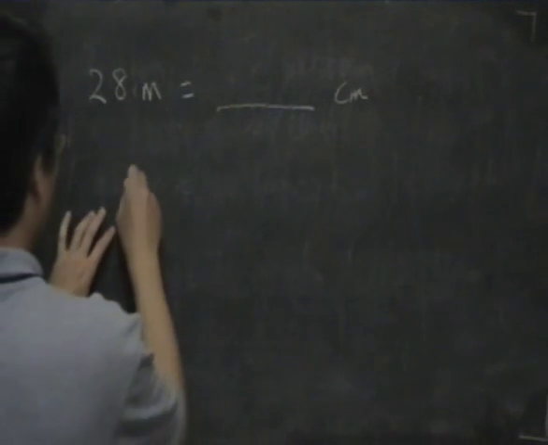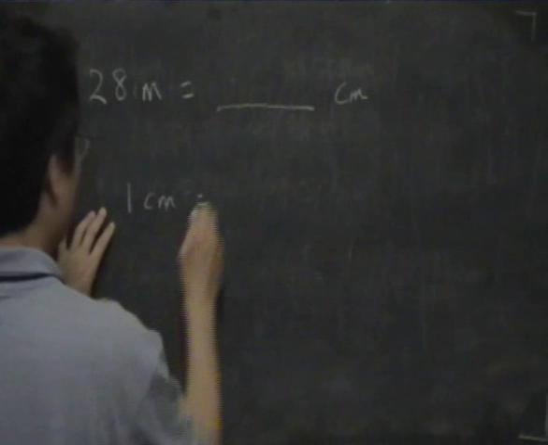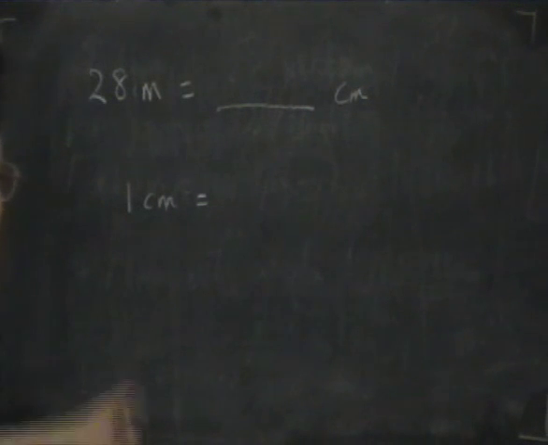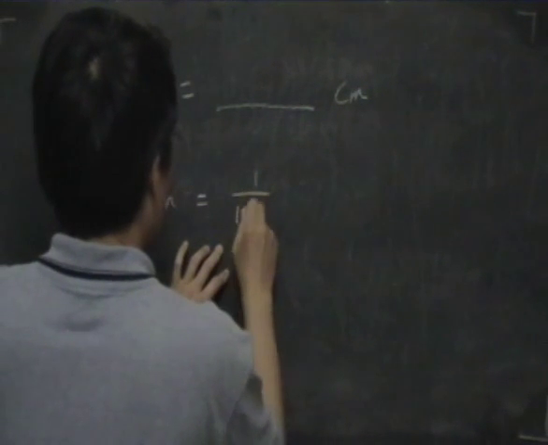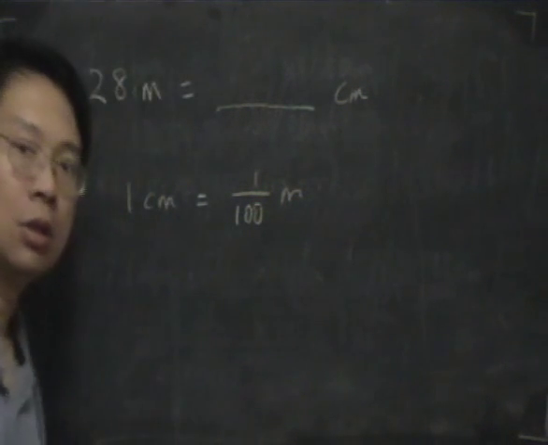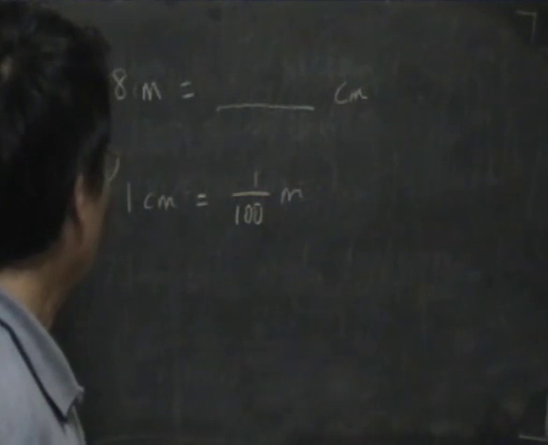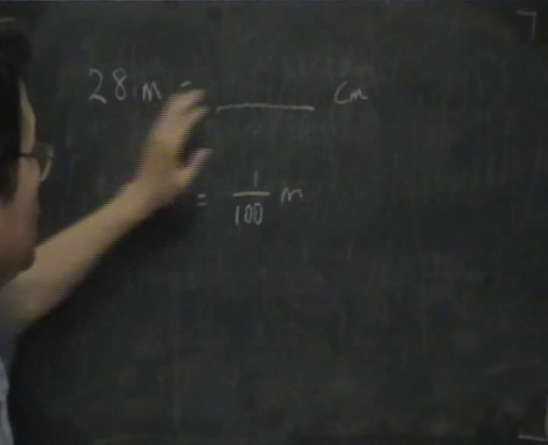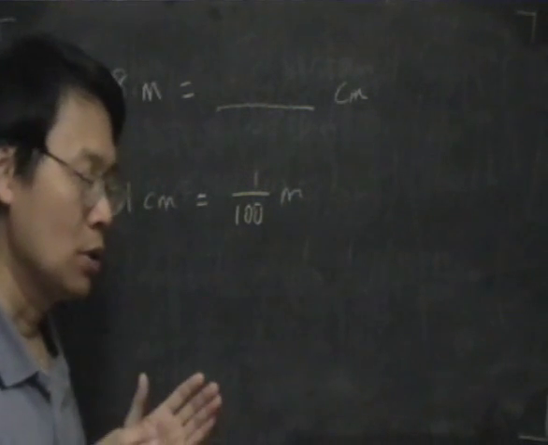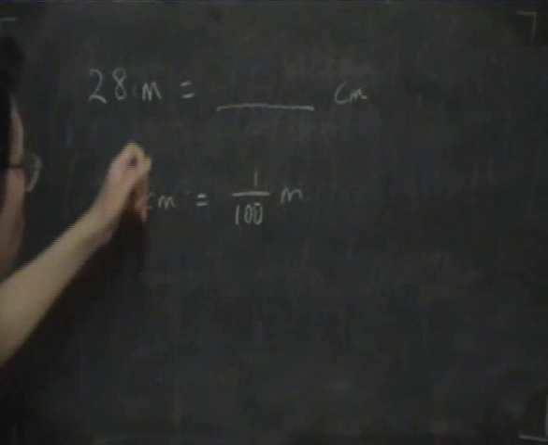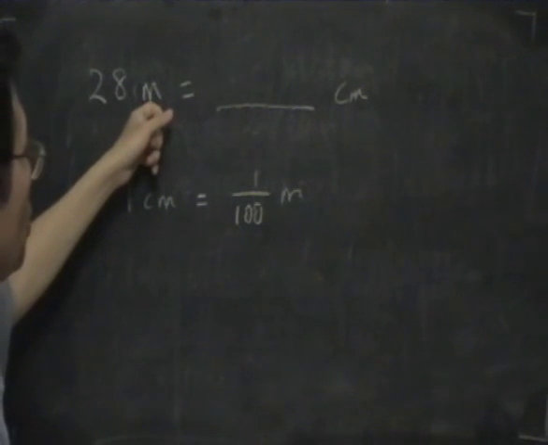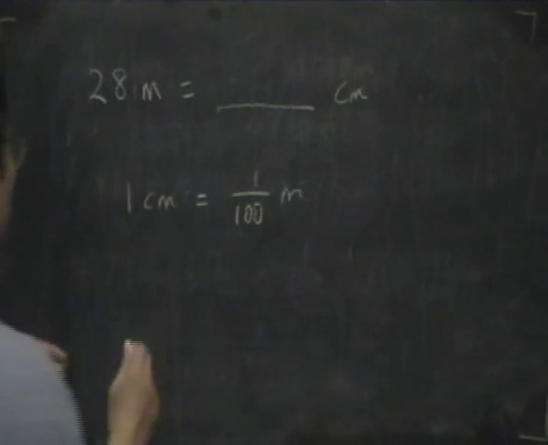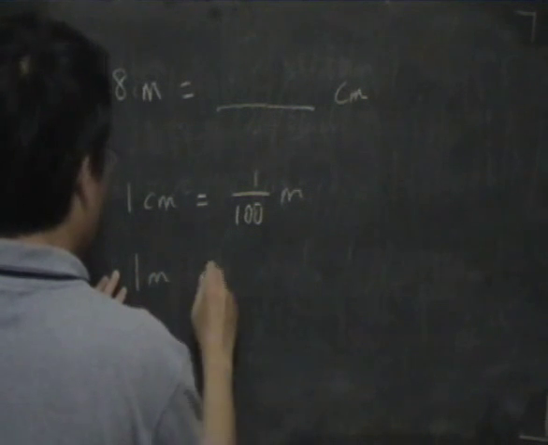Now we know that centi means 1 over 100. So 1 centimeter means 1 over 100 of a meter. Right. Now in order to convert from meter to centimeter, it is more convenient if I know how many centimeters there are in 1 meter.